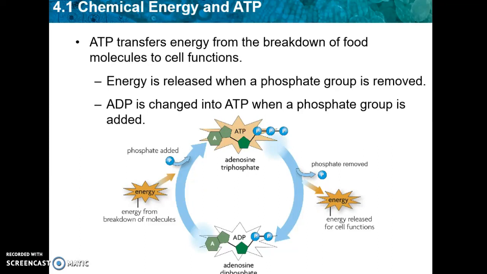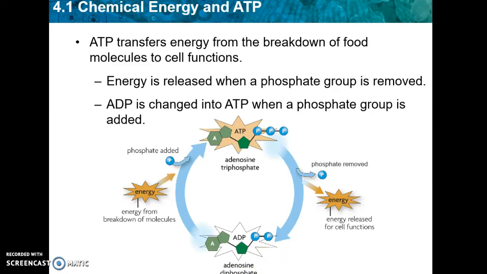Energy is released when one of these phosphates breaks away, which makes sense because it's triphosphate and it's going to lose a phosphate. That's what happened here. A phosphate broke away, energy has been released, and now it's adenosine diphosphate, which of course means 2.